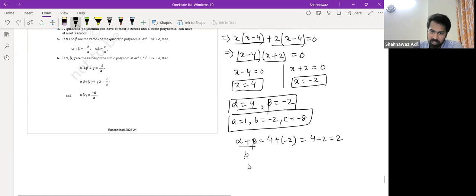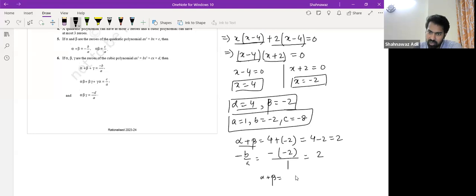Minus b by a is minus of minus 2 by 1. So this gives me 2. So we can compare these two and say that alpha plus beta is minus b by a. And so this is how we verify that the sum of the zeros is minus b by a.